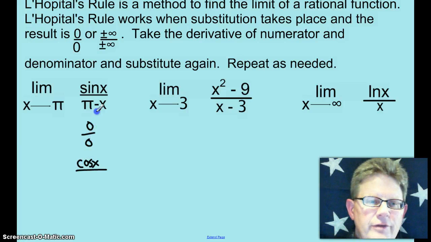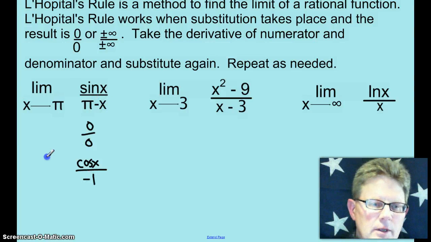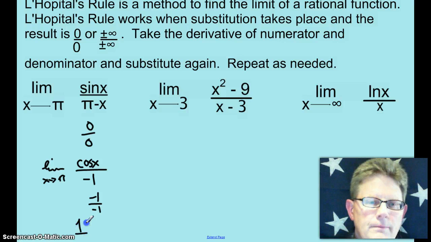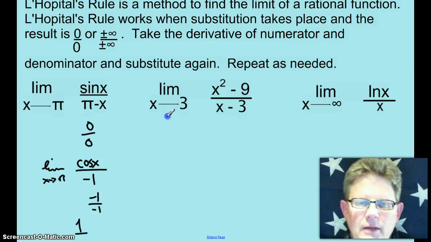We're going to take the derivative of the denominator, which is going to be -1, and now we're going to take the limit as x approaches pi. Now we can replace. Cosine of pi is -1 over -1. The limit is 1.